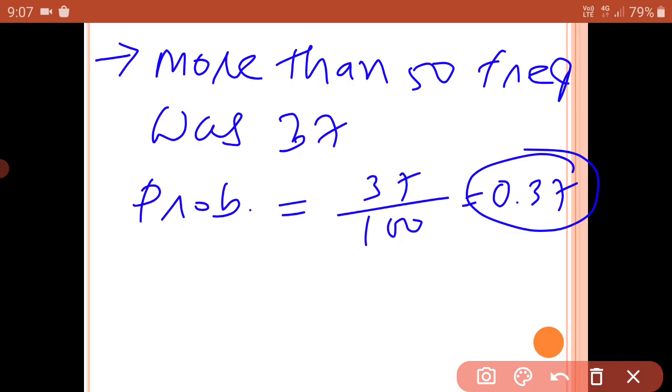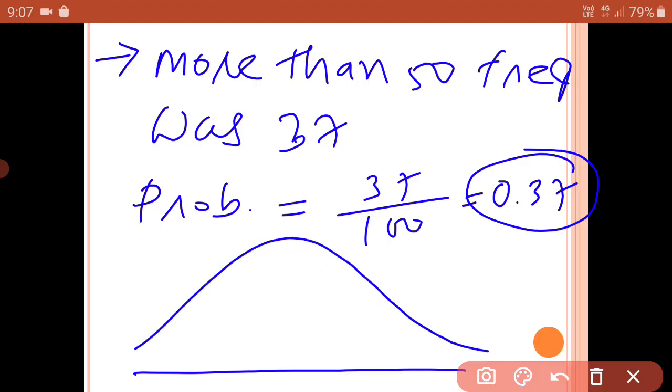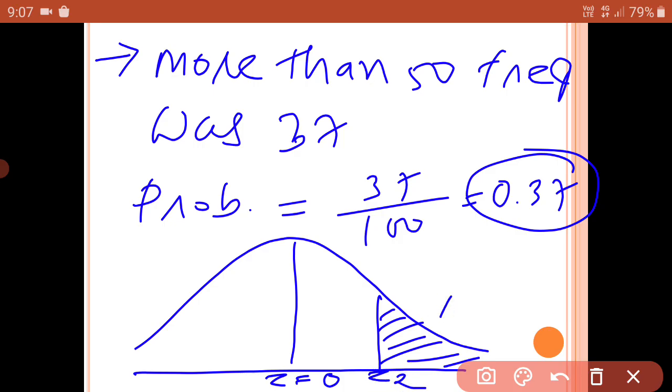More than 50 means greater side. So we draw this type of diagram, and here Z2, and this area is 0.37, but we need to find this area.